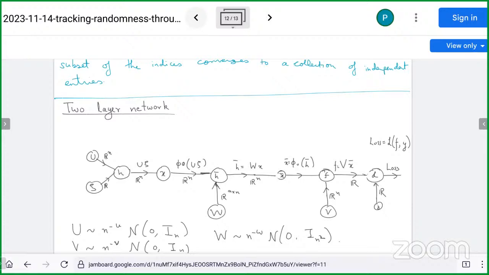D loss is D loss F composed with DFV, because F cuts the loss from V, so that's the only thing. And D loss F of V is this chi.